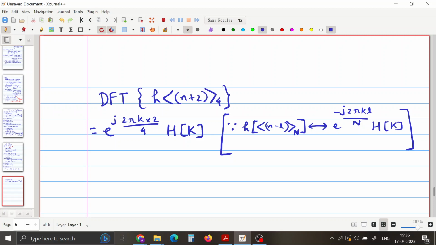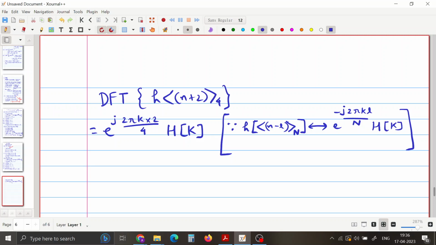So you see, in general, when you have a shift by n minus L, then you have e power minus j 2 pi kL by cap N, and here we have n plus 2. The shift is on the left side, so you will have e power j, a positive coefficient, so that negative sign will not be there, right?